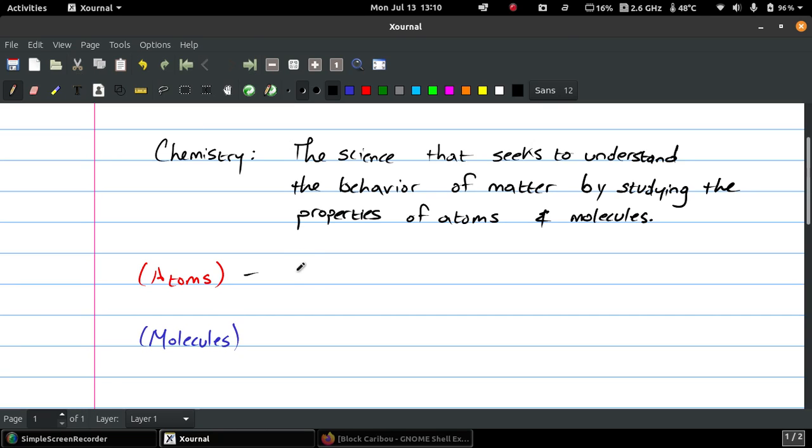So an atom is the fundamental building block of matter.